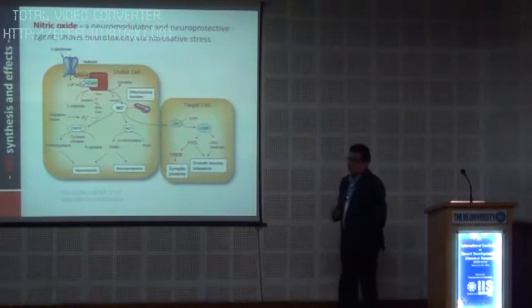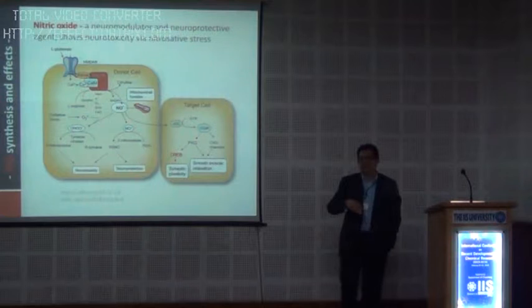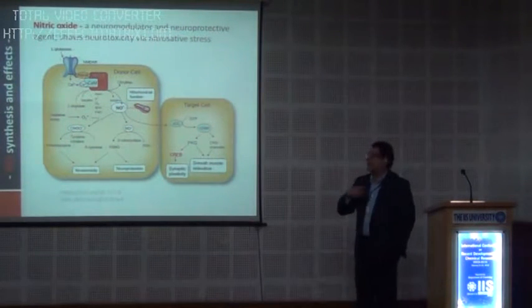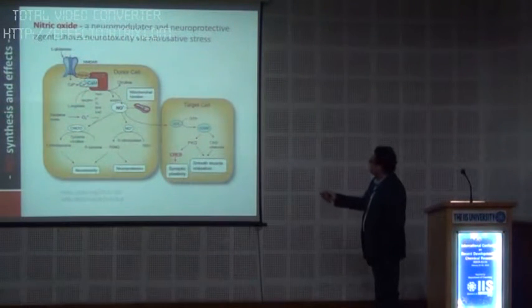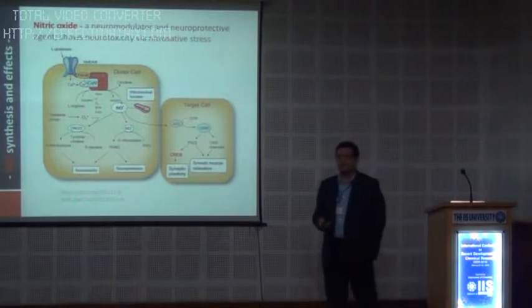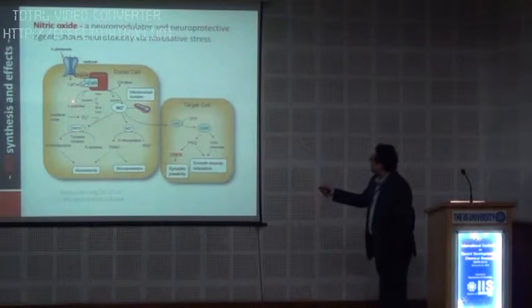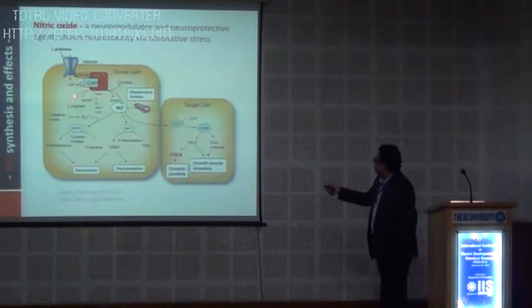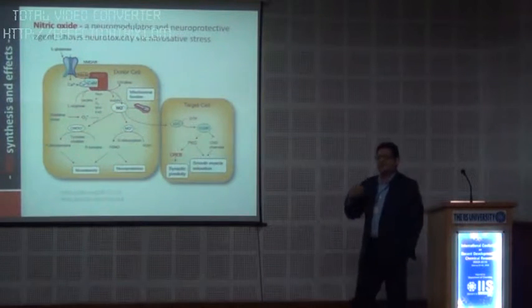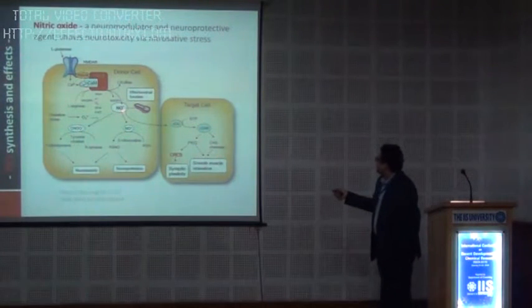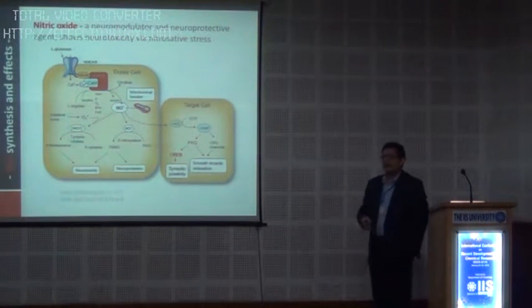If you look at the synthesis of this gas inside our body, we don't really inhale nitric oxide, we synthesize it with the help of an essential amino acid, L-arginine, right? L-arginine gets converted to citrulline, and in this process, which is governed by a variety of secondary messengers and enzymatic pathways, you generate nitric oxide, which has a variety of fates.